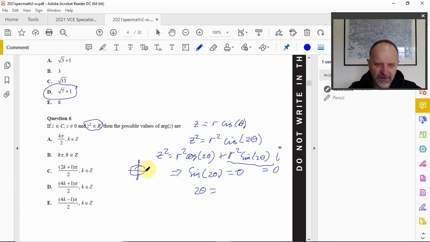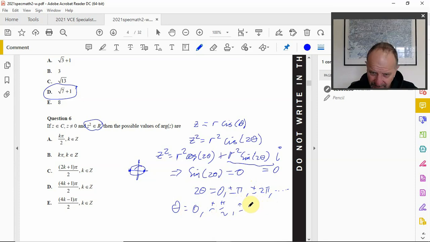Sine is 0 at 0, plus or minus pi, plus or minus 2 pi, etc. So that means theta is 0, plus or minus pi on 2, plus or minus pi, plus or minus 3 pi on 2 and so on.